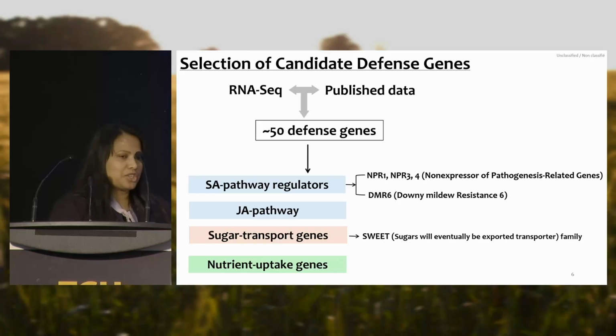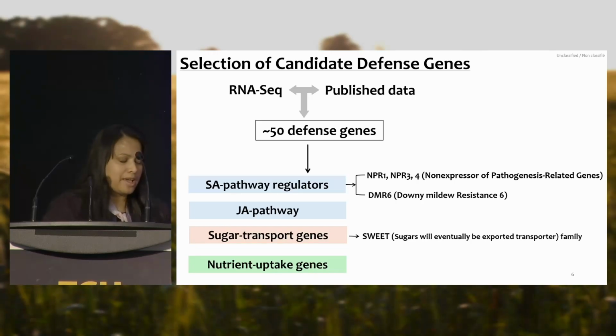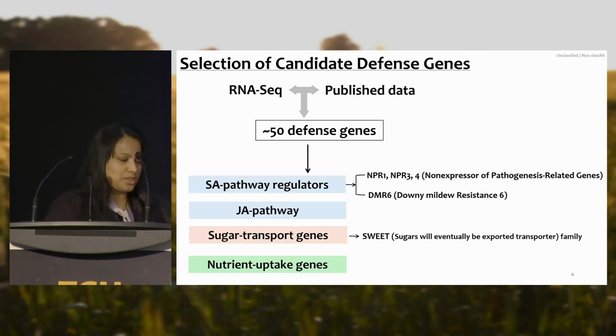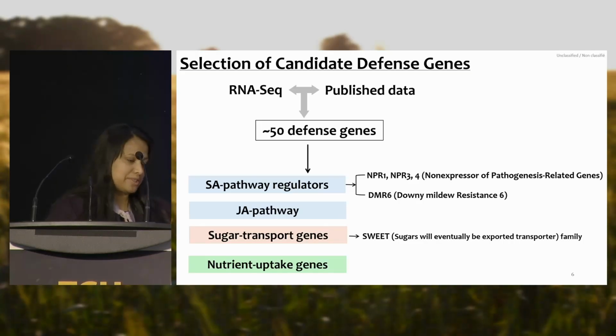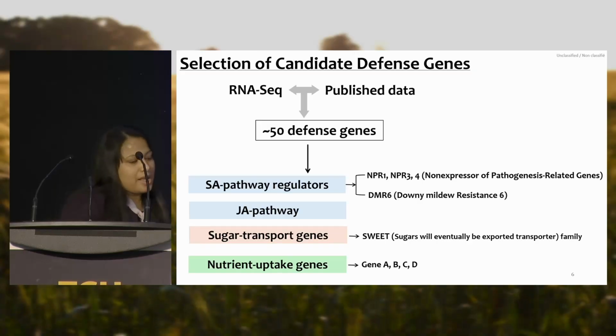During infection, pathogens hijack these SWEET genes and export sugar for their own benefit, so we selected them as silencing candidates.